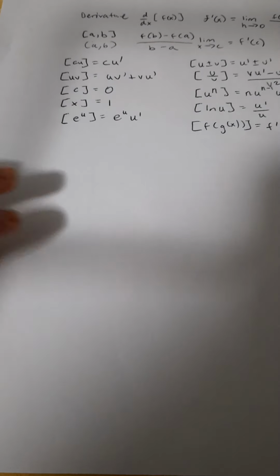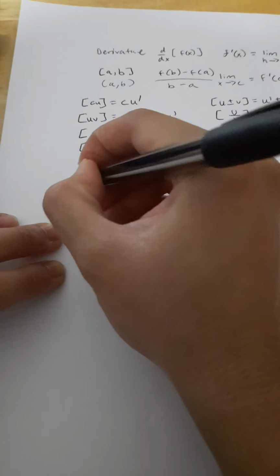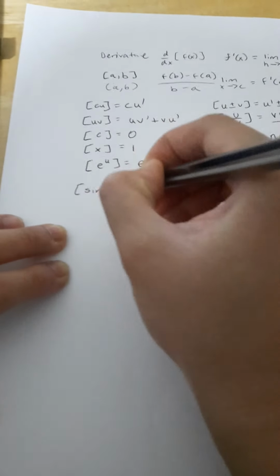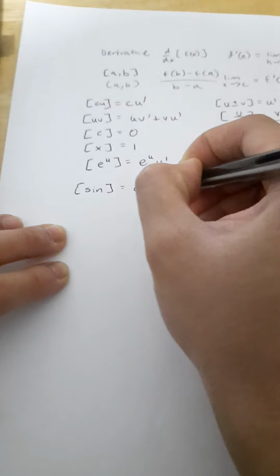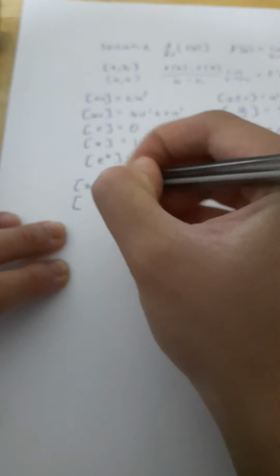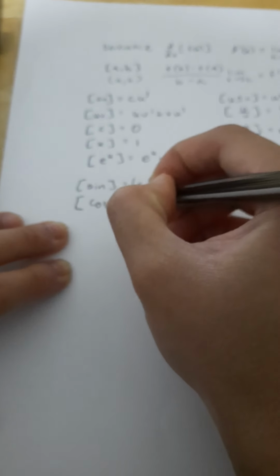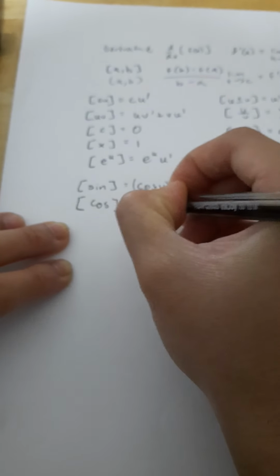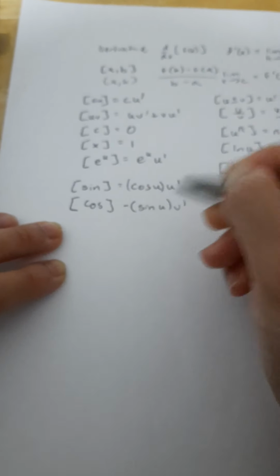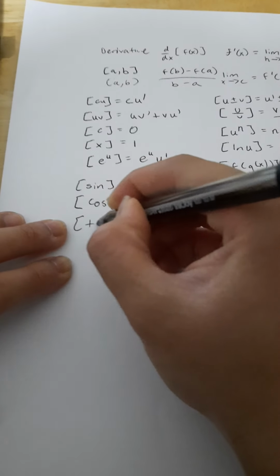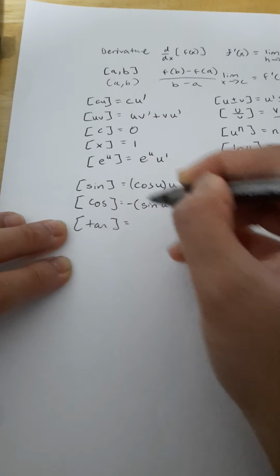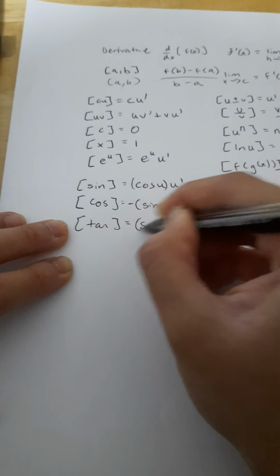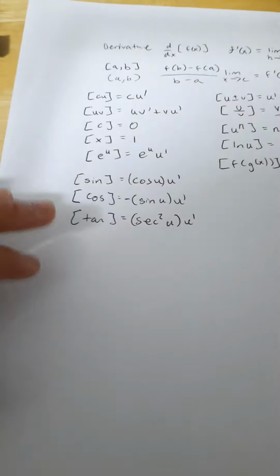And now we're going to do the trigonometric functions. Again, this is your sine, cosine, tangent, all those good ones. Sine of u is cos u times u prime. Cos u is negative sine u times u prime. Tan u is secant squared u times u prime.